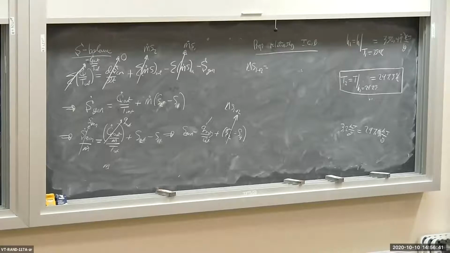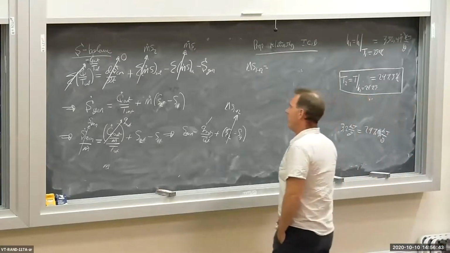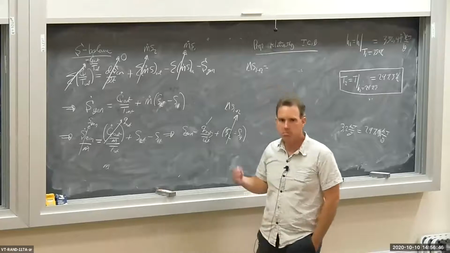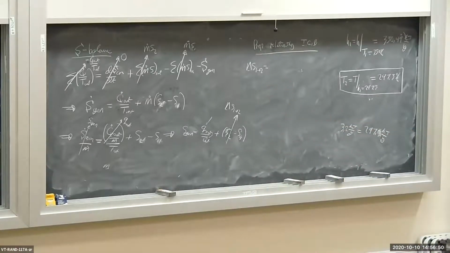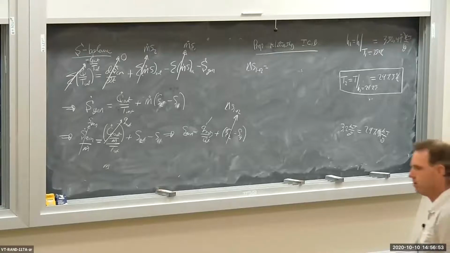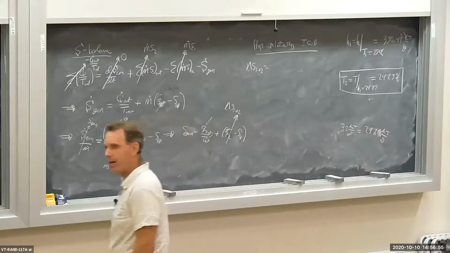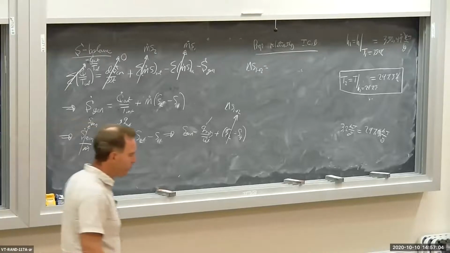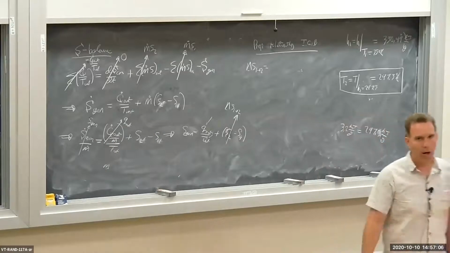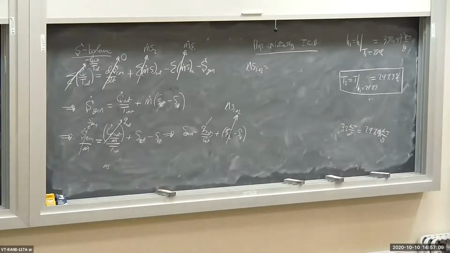If it's constant specific heat, then I can write Cp ln T2 over T1 minus R ln P2 over P1. Or if it's variable specific heat, I have to use the S naught stuff: S naught 2 minus S naught 1 minus R ln P2 over P1.